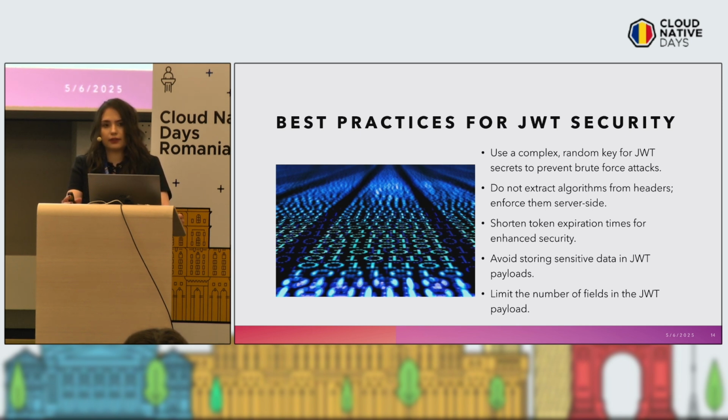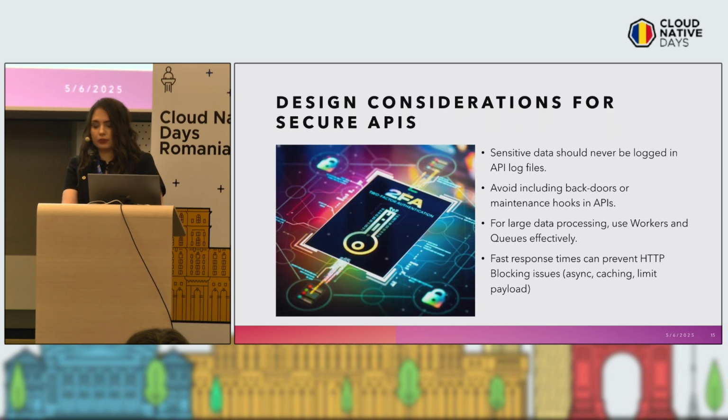So we have fields where the expiration time can be configured, even through the API, for encryption. Avoid storing sensitive data in the JWT payload, and the payload should be as small as possible. So we kept in the order interface only the fields that were mandatory.